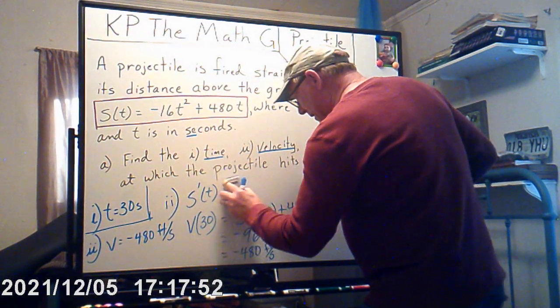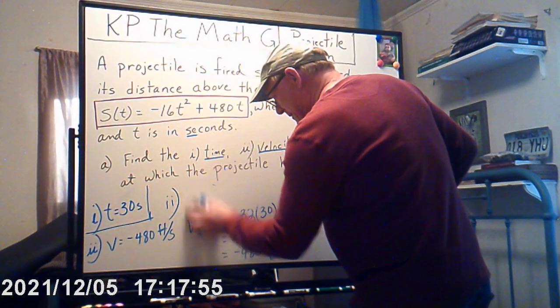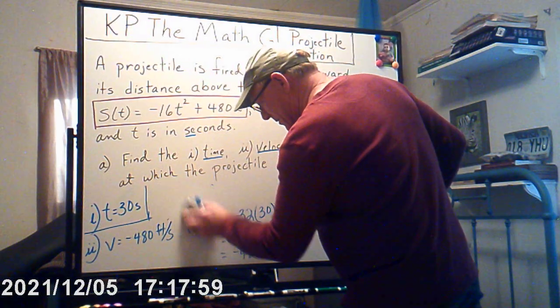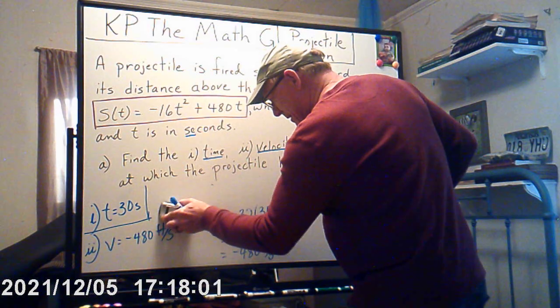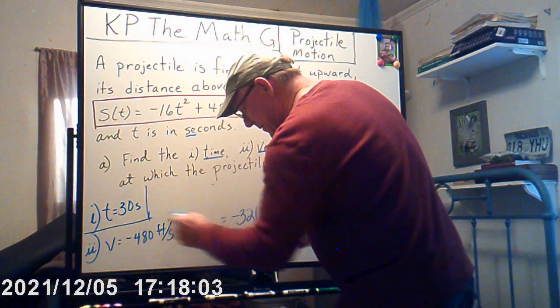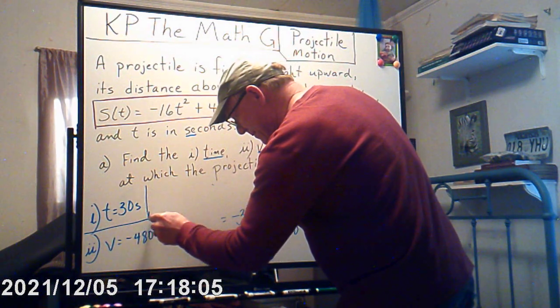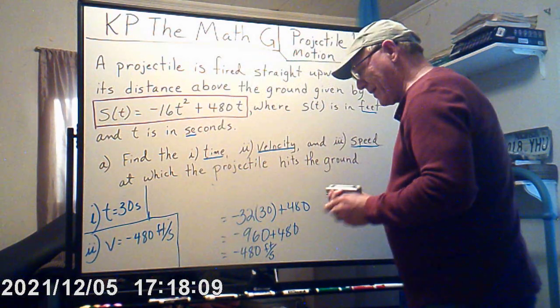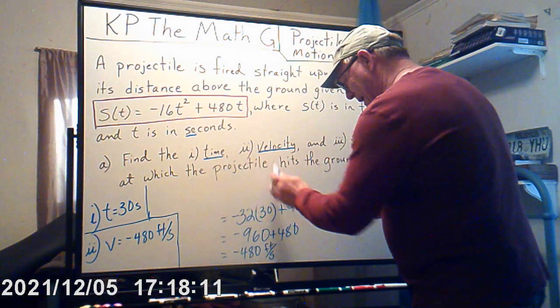I'm going to erase this. That's number 2, part i. We got this answer right here. Now let's go ahead and go down right there. That's fine. I have room now.